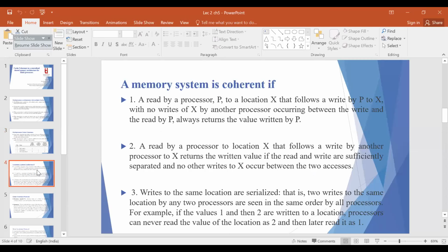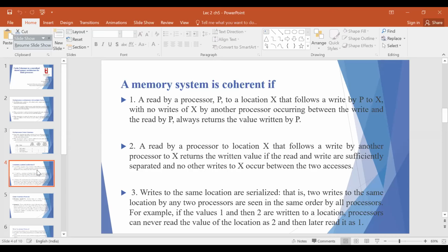So maybe there is one processor that writes a location and then all other processors want to read the updated value, they should always get the updated one. And if a processor just reads a value and some other processor writes an updated value for the same location, the next read should give it the updated value.